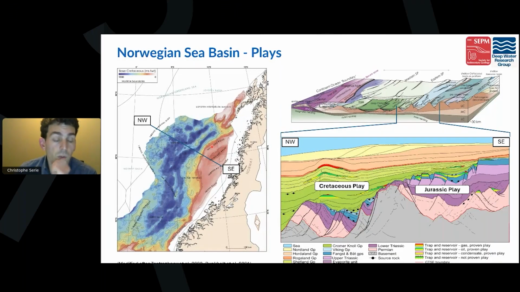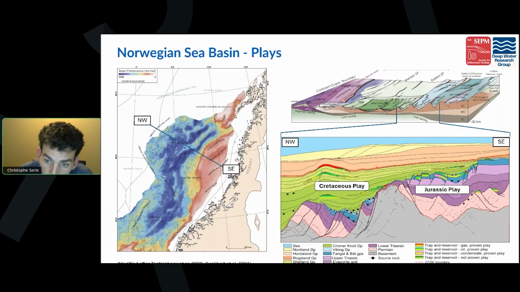So this is in mid-Norway. In mid-Norway, the main resources are being explored in the Jurassic play. But on the way down, when they were drilling in the early 80s, they started to realize they had a lot of Cretaceous sand throughout at different levels, from Aptian-Albian all the way to the Maastrichtian, or the boundary with the Tertiary in the Paleocene.